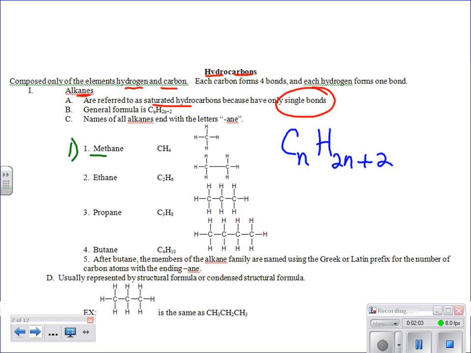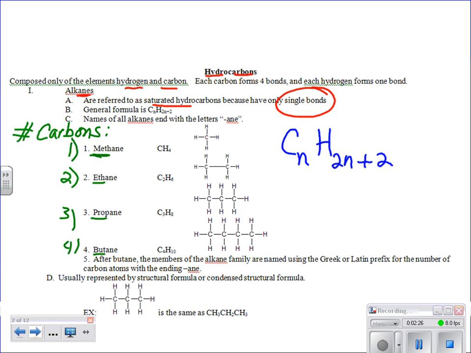Number 1 is a meth prefix. This is going to be based on the number of carbons, so let me write that there. Number of carbons. If there is 1 carbon, then it's going to have a meth prefix. 2 carbons is eth. 3 is prop. 4 is but.